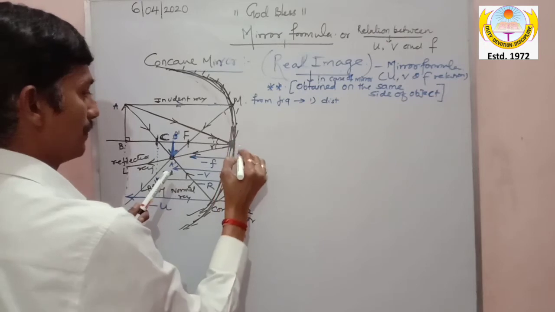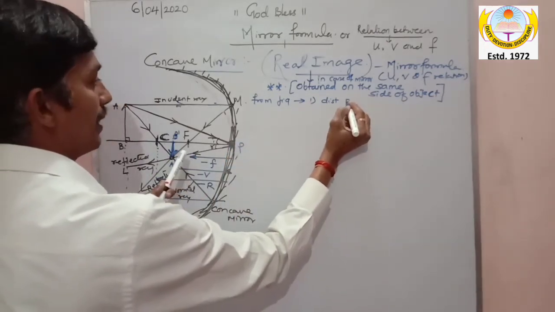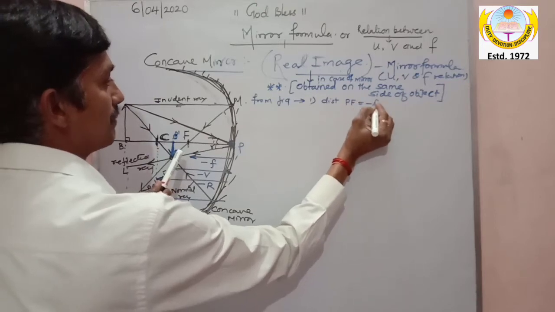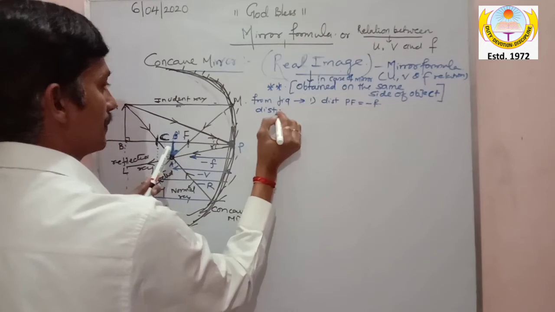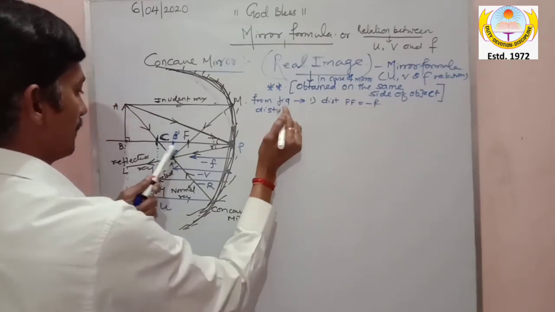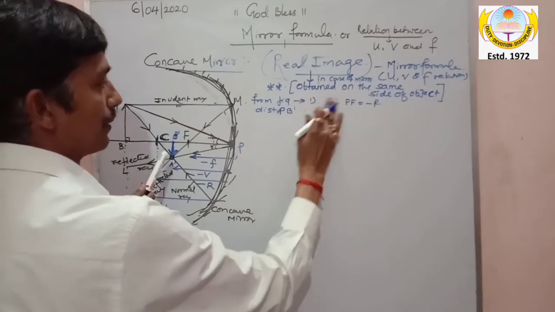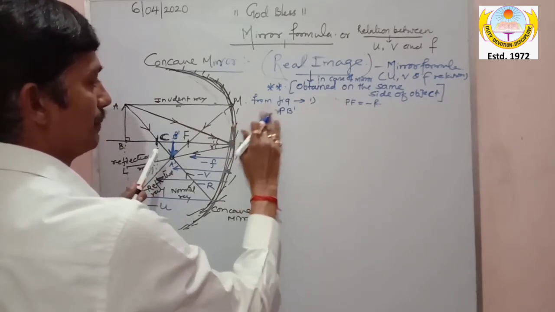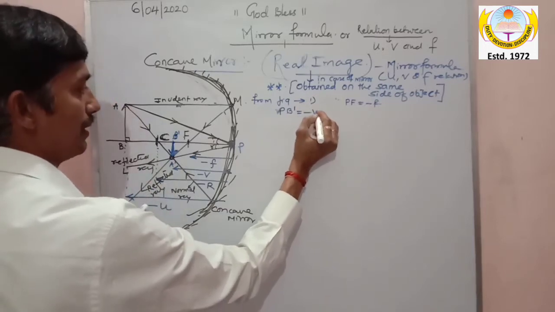Here is P. So distance PF is equal to minus F. Distance PB dash, no need to write "distance" all the time, PB dash is equal to, you can see, minus V.